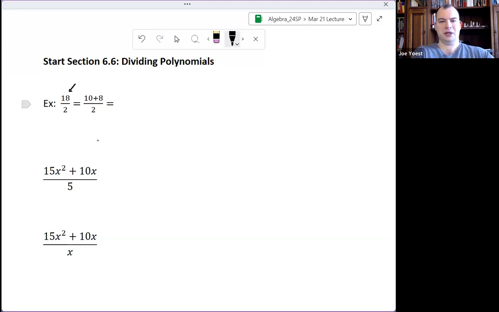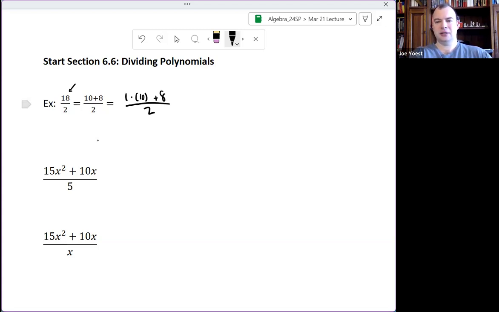We could split this apart as, say, something like 10 plus 8 over 2. Or we might even be a little more pedantic and say something like 1 times 10 plus 8 over 2. So if I wanted to really carefully split apart the different powers of 10, then maybe I could write it this way. Now, what could I do here?